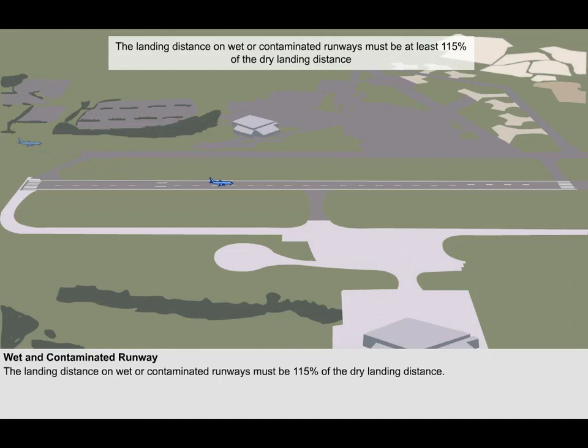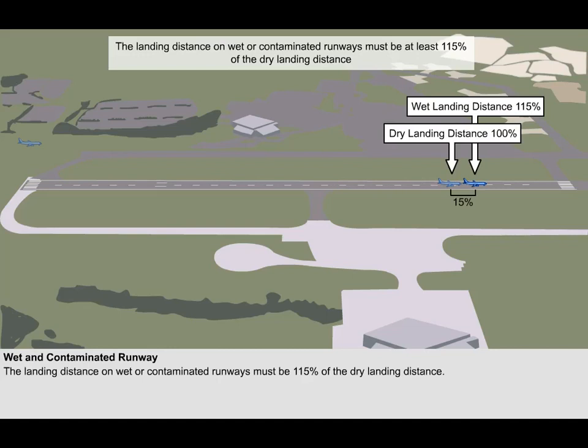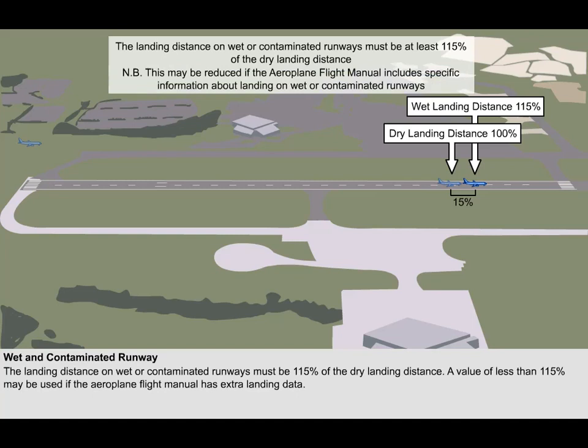In other words, on wet or contaminated runways, the landing distance must be increased by 15%, or by a factor of 1.15. However, EU OPS 1 also states that a value of less than 115% may be used if the aeroplane flight manual includes specific information about wet or contaminated runways.